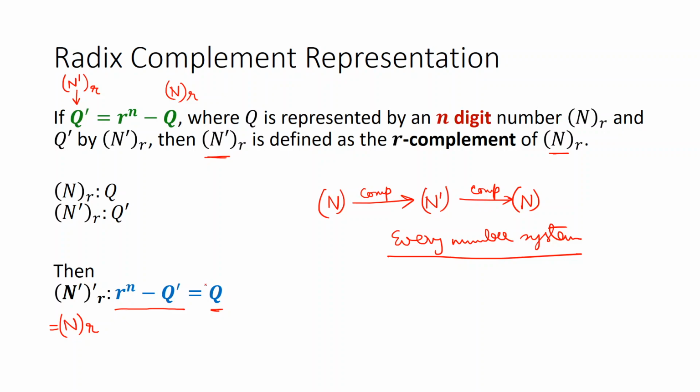This is the beauty of complements. When two numbers are complements of each other, when we say that one number is the complement of the other, we basically also mean that they are complements of each other.